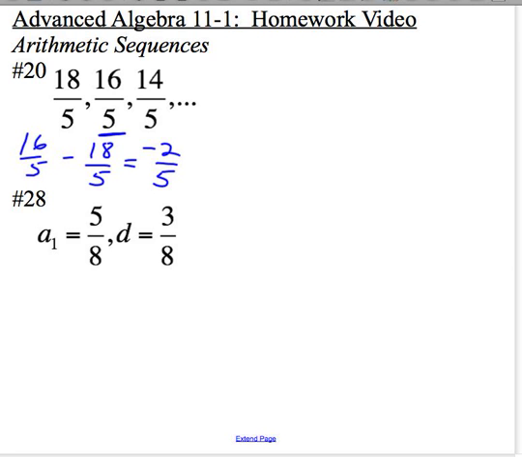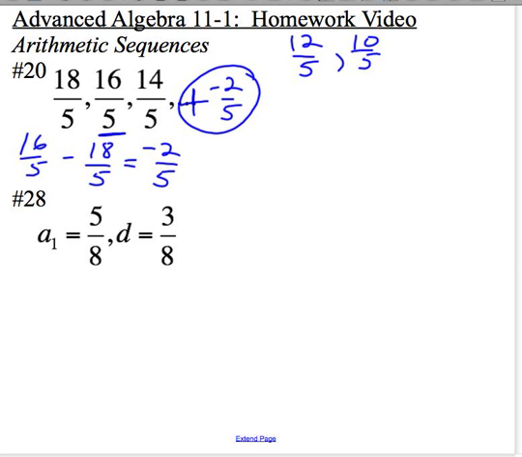So if I continue that process and I add a -2/5 onto the 14/5, I can tell my next term is going to be 12/5. I add another -2/5 on, and I get 10/5.